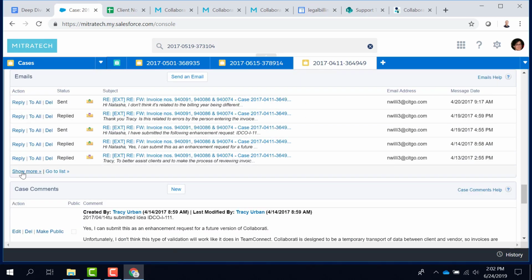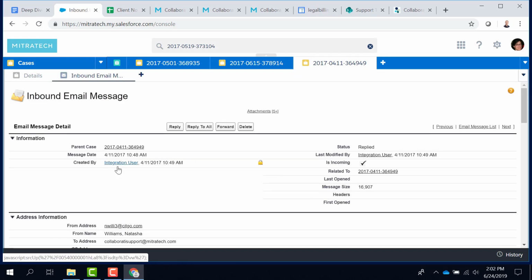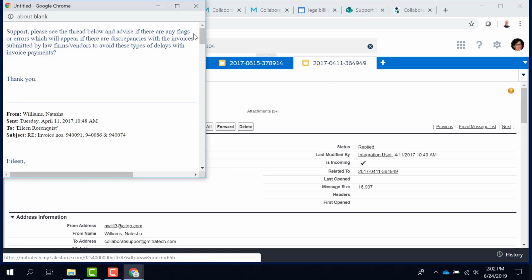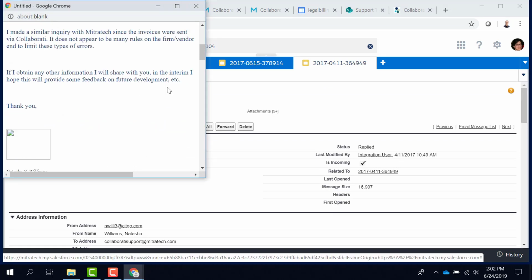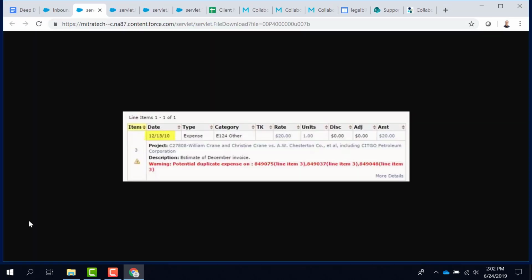Let's see if we can see the screenshots. No. Potential duplicate expense. 849075, 849037, 849048.